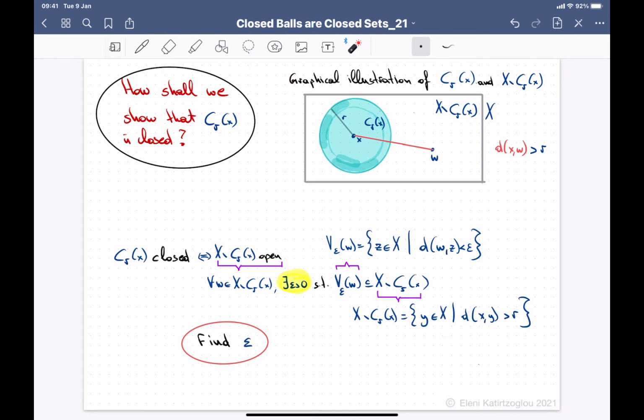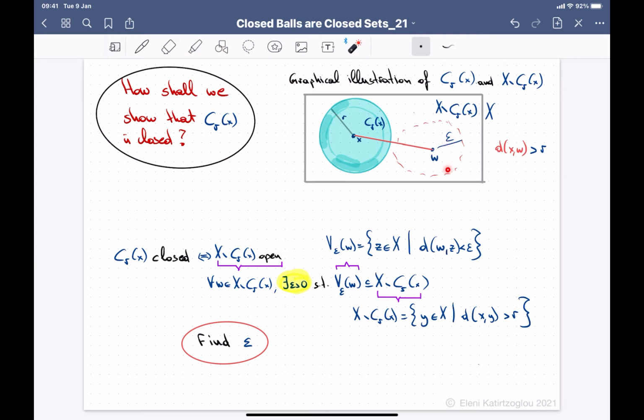So really what we want to do is find an epsilon, just one epsilon, so that the epsilon neighborhood of W is all inside the complement of the closed ball.